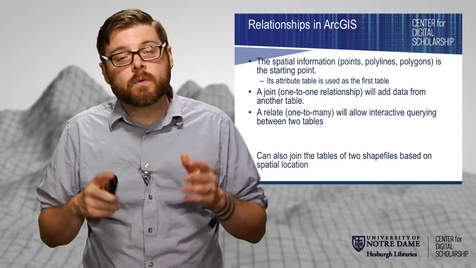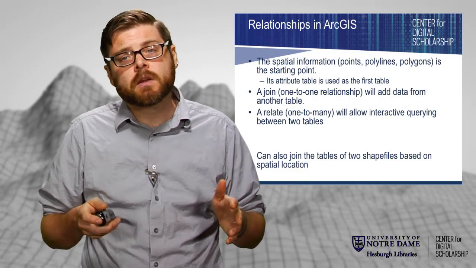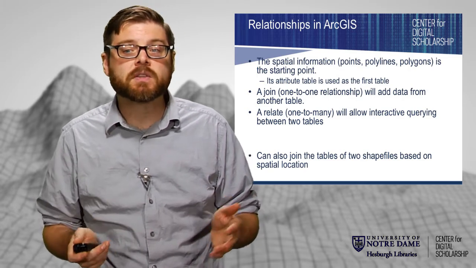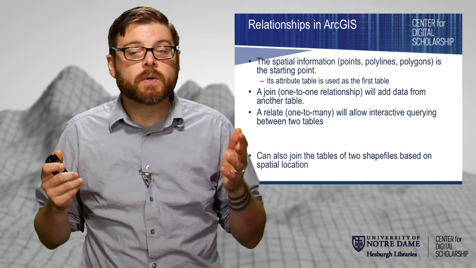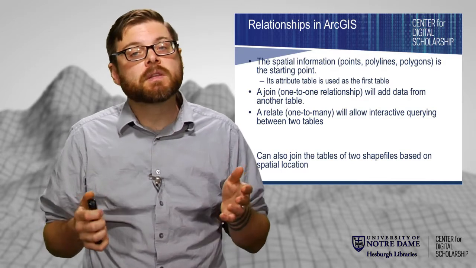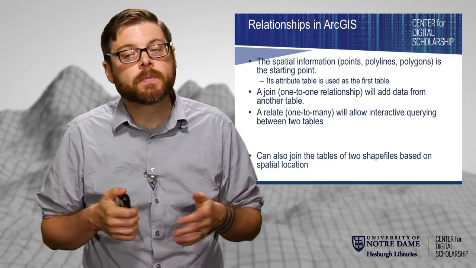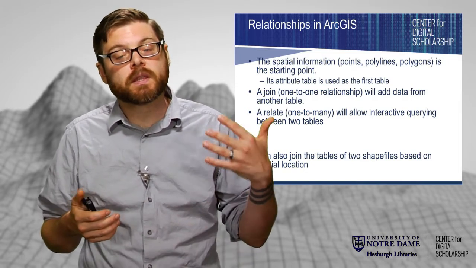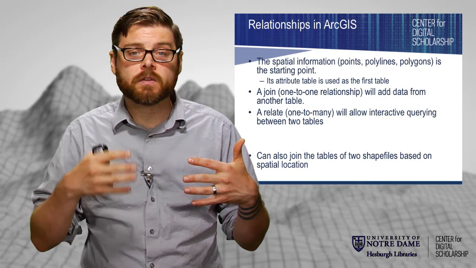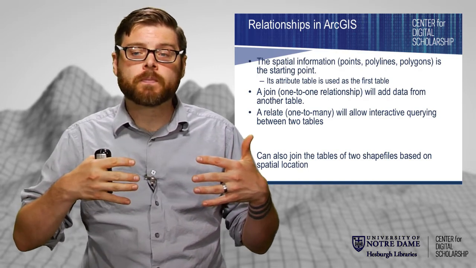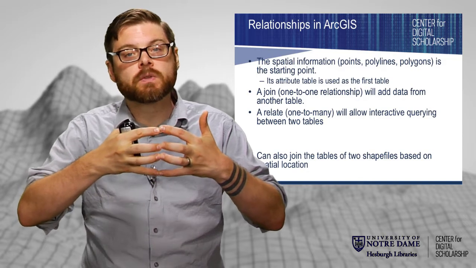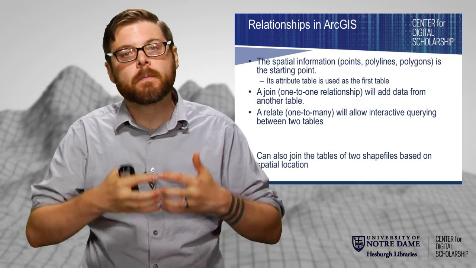So it's important when we're dealing with either one of these relationships in ArcGIS to think about it that the spatial information, the points, lines, and polygons, are going to be the starting point. So its attribute table is probably going to be the first table that you're working with. And then if we create a one-to-one relationship, a join between that table and something else, another unassociated data table, it'll actually add all of that information into the attribute table for our shapefile.